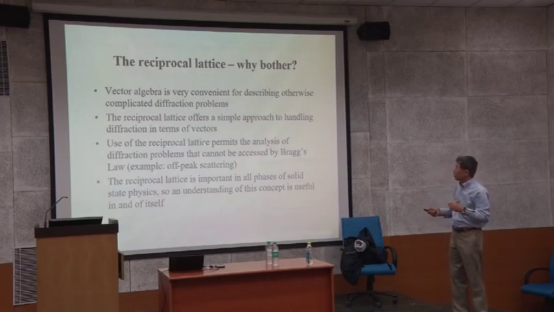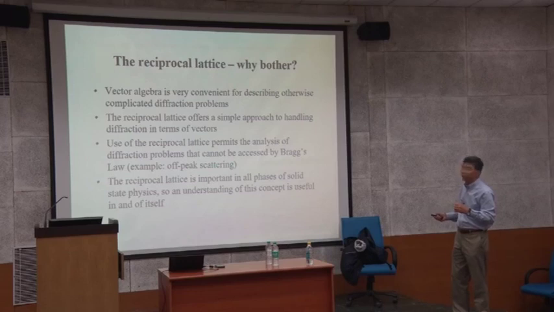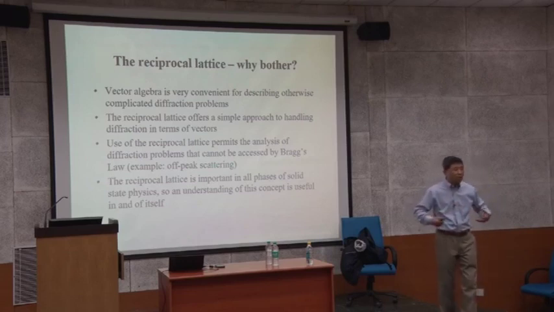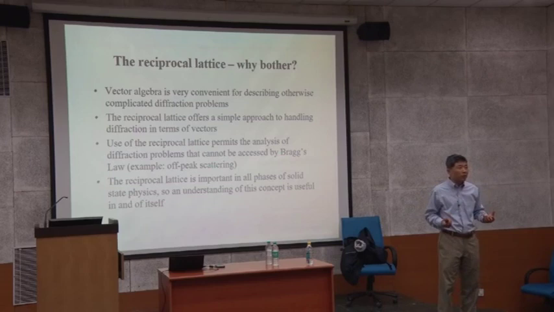Using the reciprocal lattice permits the analysis of diffraction problems that cannot be accessed by the Bragg law, such as off-peak scattering and backscattering. Bragg's law is so simple to explain to college students, maybe freshmen.